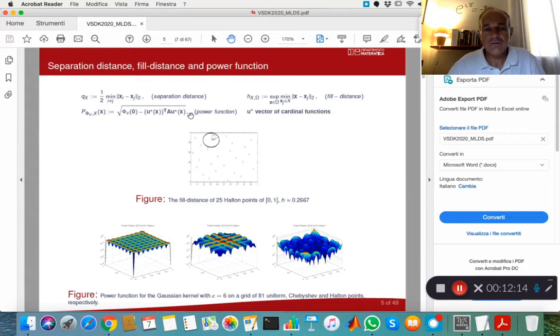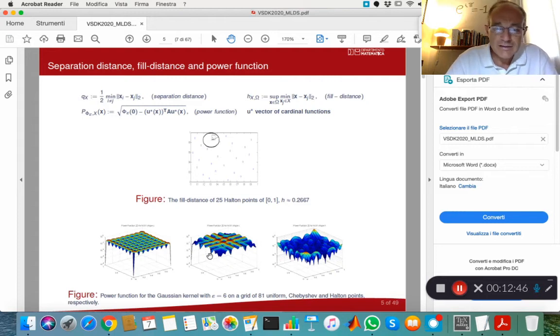In this quadratic form, A is a positive definite matrix, so it's a quadratic function that in some sense represents a kind of paraboloid, okay? And here the u star that realizes the minimum, the optimality of this value, are the so-called cardinal functions that you can obtain as usual by solving the linear systems.